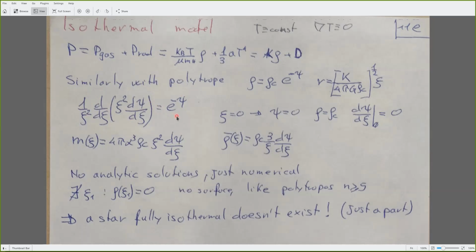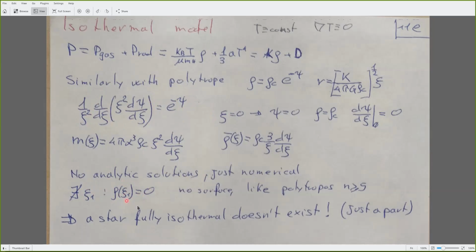This equation has no analytic solution. You have to just crunch it with the computer, with an approximation. Usually you create a Taylor expansion of the function, put it inside and see what comes out. One result is that we don't have a surface.